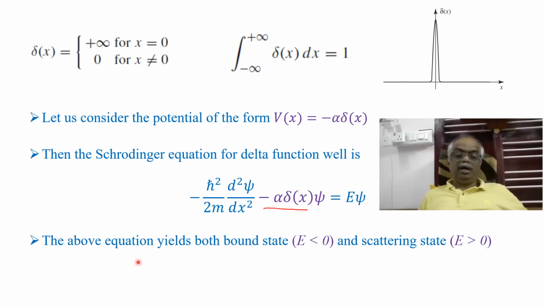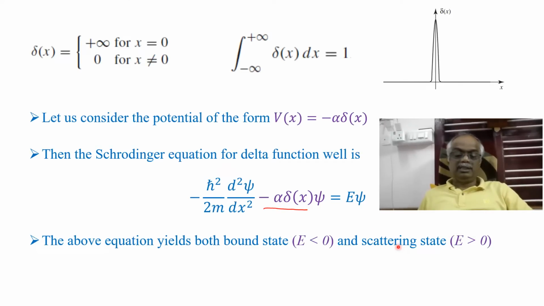The above equation yields both bound state and scattering state. When E is less than 0, that is E is negative, then it is a bound state. When E is positive, that is greater than 0, then it is a scattering state. So, as I said, in this class we are going to concentrate only on the bound state.